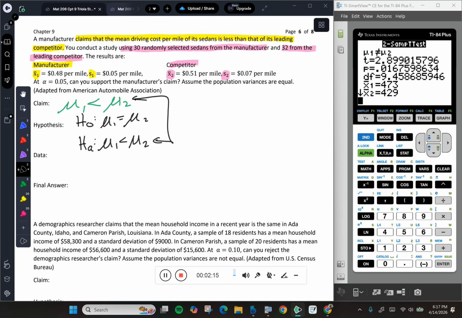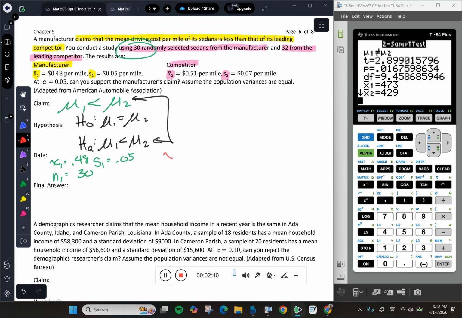Okay. Data. Well, I've done two of these so far, so I think I know what I need. I need an x bar 1, an n1, and a standard deviation from group 1. So I know that my x bar 1 is 0.48, my standard deviation is 0.05, and my n1 is 30. That was up here, right?